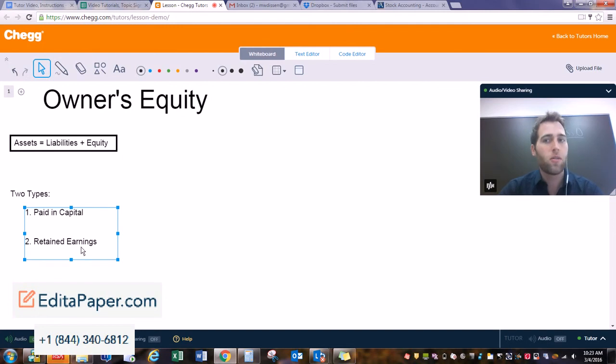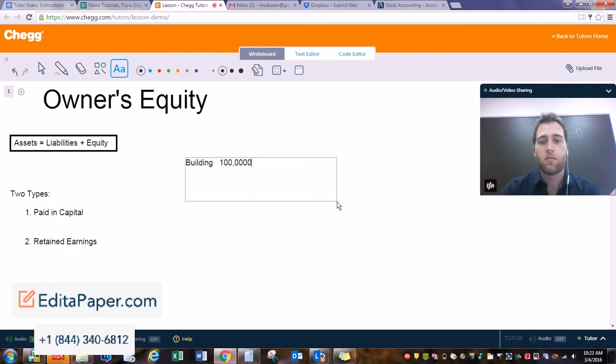So let's walk through a couple journal entries to maybe increase your understanding of owner's equity. Say a company buys a building for $100,000 in cash. They're going to debit the building for $100,000, and they're going to credit cash for $100,000.